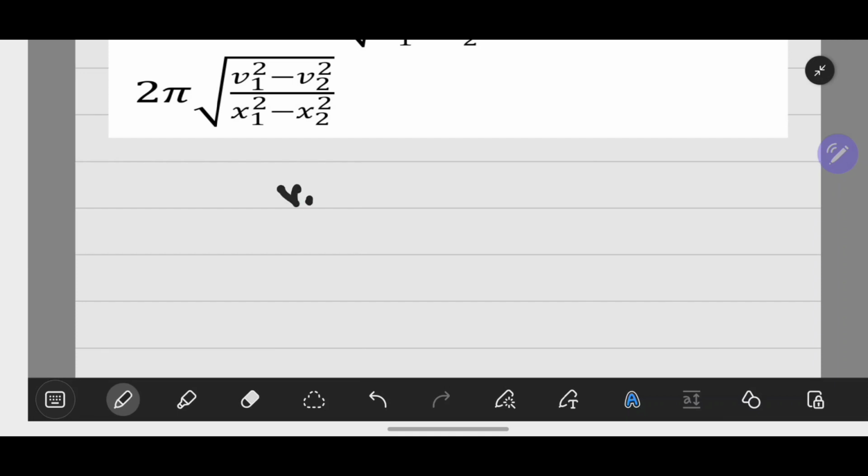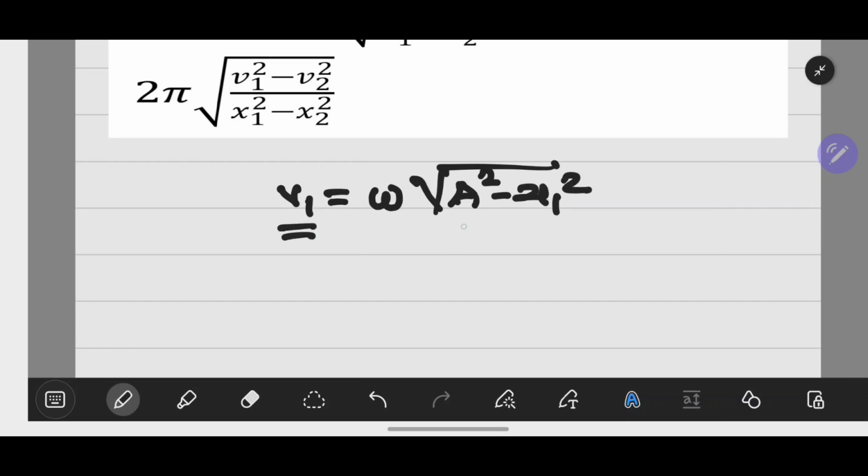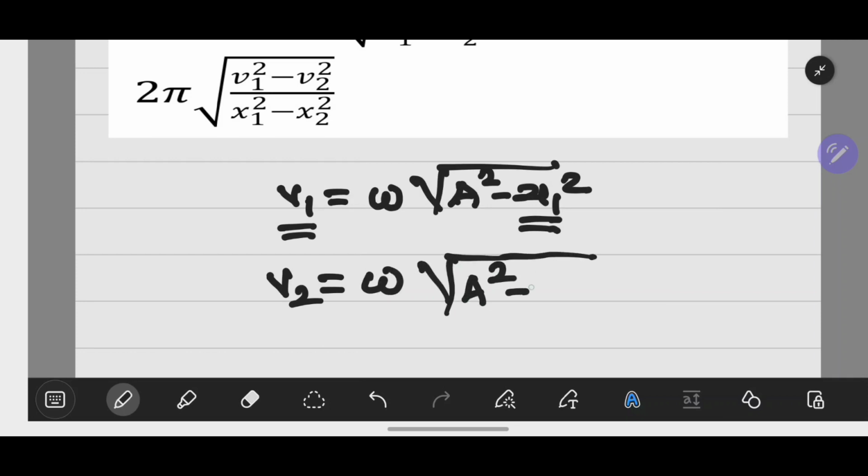We have v1 equal to omega into under root of A squared minus x1 squared, because for this v1 we have the displacement x1, and v2 equal to omega into under root of A squared minus x2 squared.